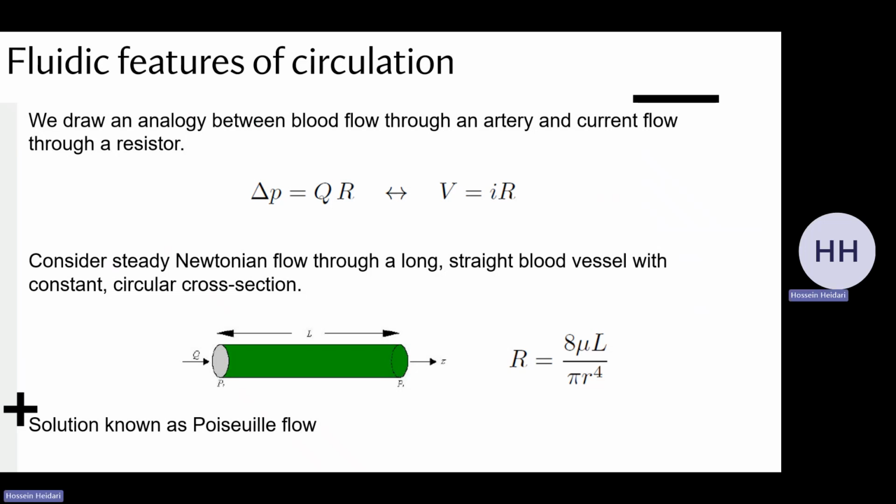It has a difference of pressure between the two ends, the delta P, very similar to the delta V, the voltage difference between the two ends. And that difference of pressure is exactly what drives the flow. In electricity, it drives current, I. In fluidics, it drives the flow, Q.